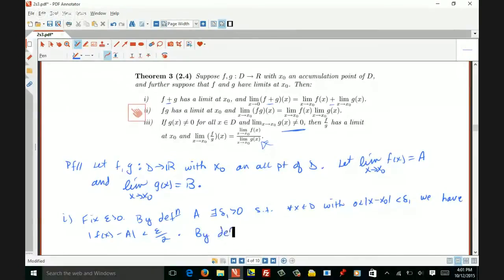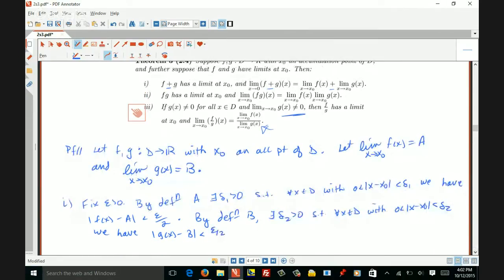Yep, we want it to go away. By definition of B, there exists a delta 2 such that for all x in D with 0 less than absolute value of x minus x naught less than delta 2, we have absolute value of g of x minus B. What do you think we need? Epsilon over 2. Yep.